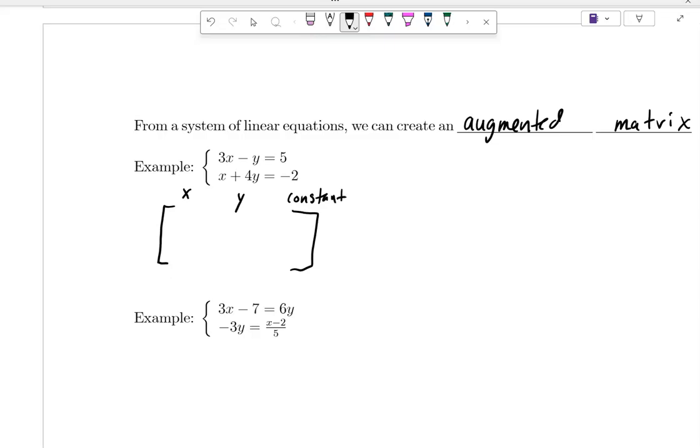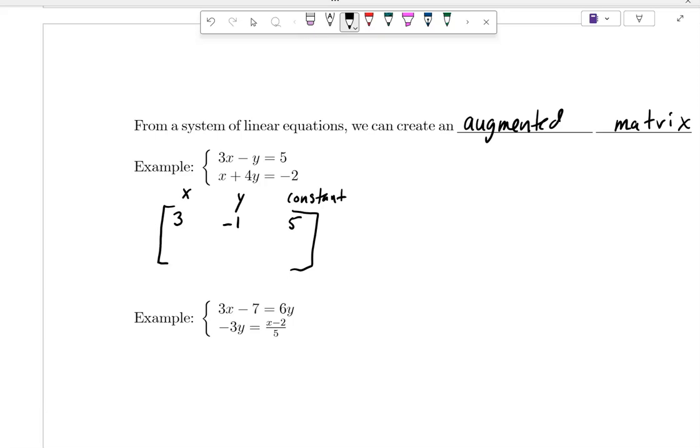Okay? And we're going to just write the coefficients in that order across, not worrying about the X's or the Y's. So the first entry here will be a 3 for the X. That's the coefficient on the X. The coefficient on the Y is a -1, because I've got a minus sign there. The constant is 5.